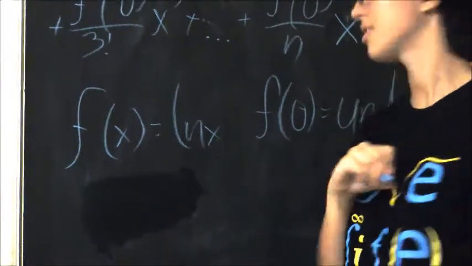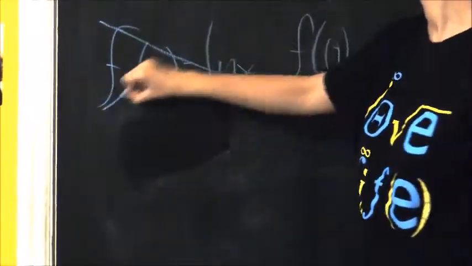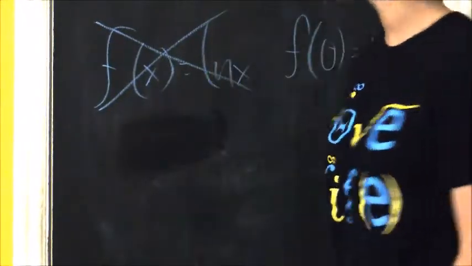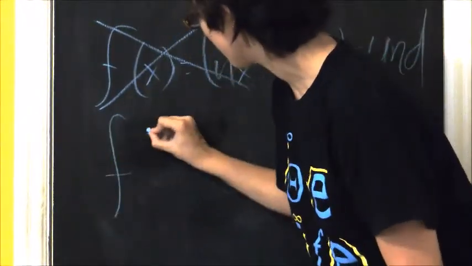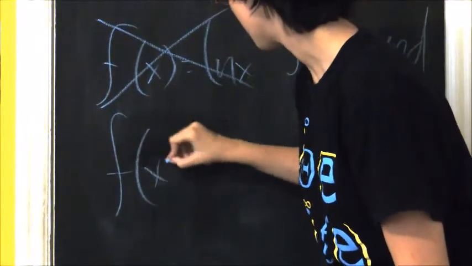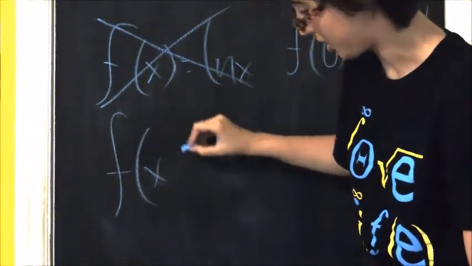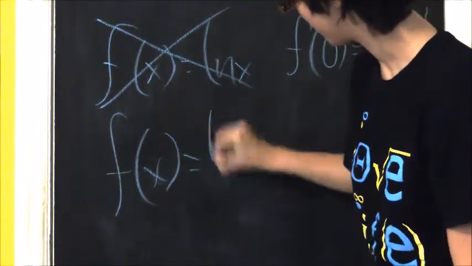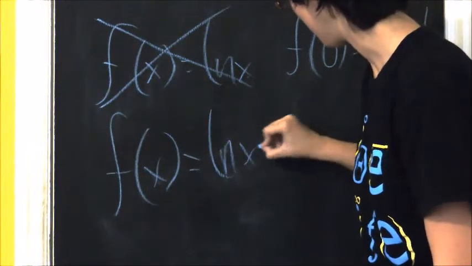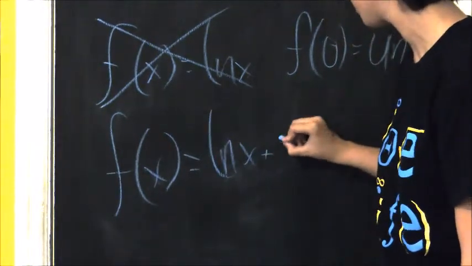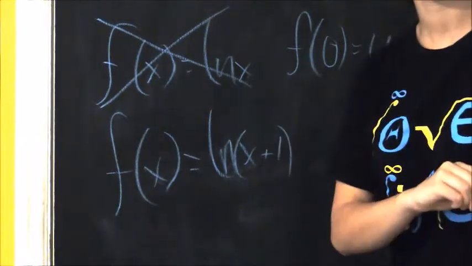It's undefined. So, we can't use this. We've got to do something. We've got to add this 1 in here. So let's say ln of x plus 1.